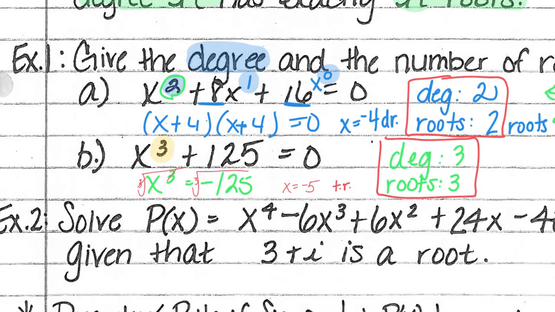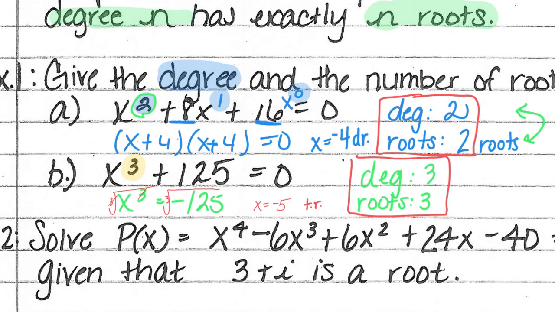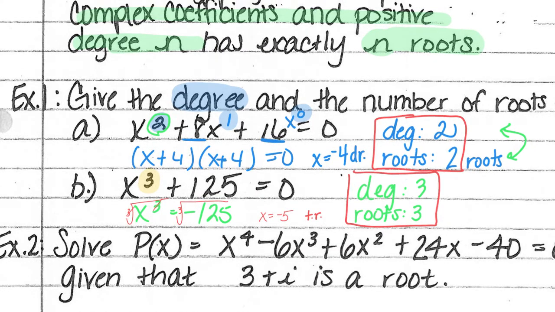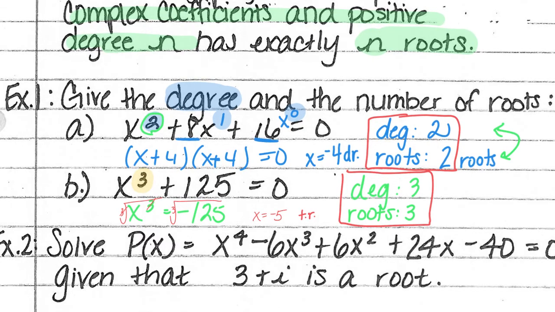So let's look at the next one. This one is a little bit more difficult, and I'm going to take some time to write this out and show you the work on this. It says solve p of x is equal to x to the 4th minus 6x cubed plus 6x squared plus 24x minus 40 is equal to 0, given that 3 plus i is a root.